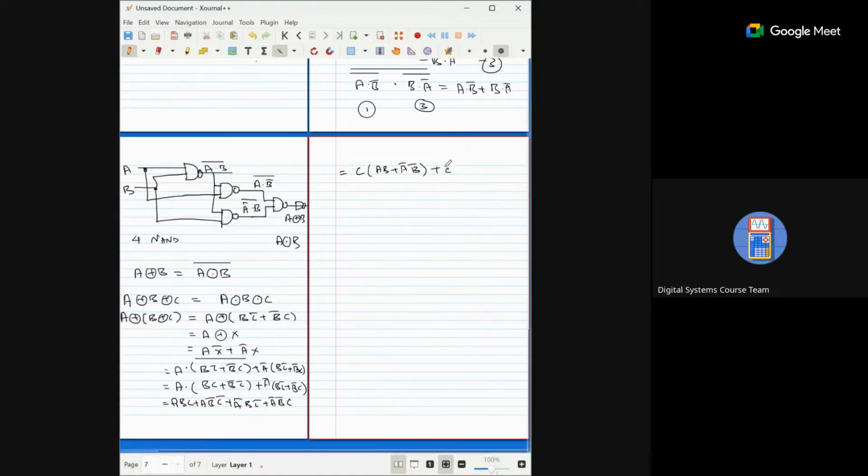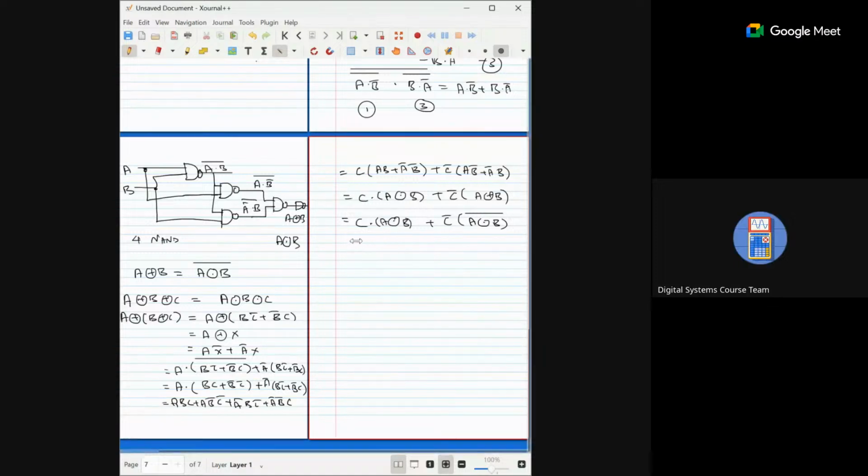Plus C bar common, I can write A B bar plus A bar B. This can be written as C times (A XOR B) complement plus C bar times (A XOR B). Am I right? Yes, sir.